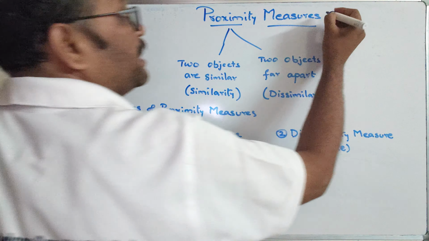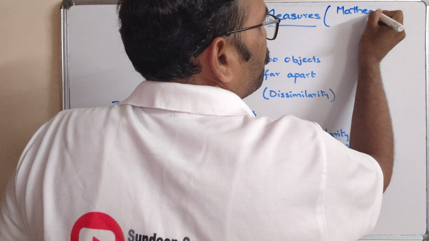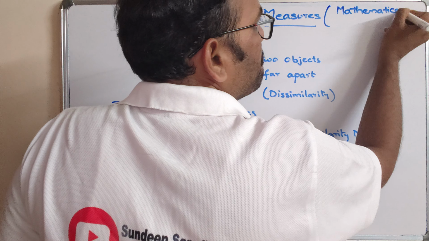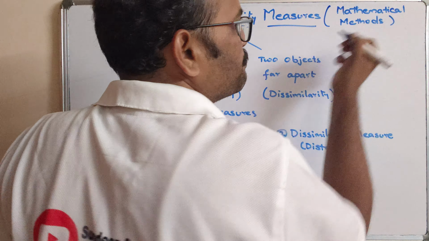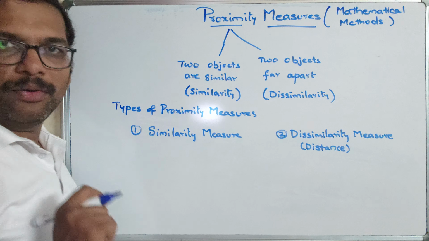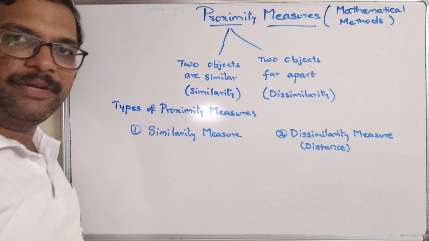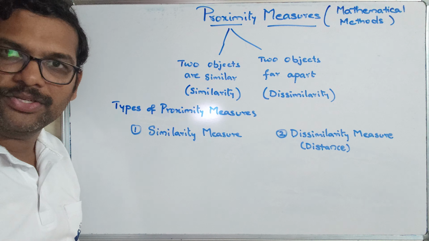So these proximity measures are mathematical methods. Why are we using these mathematical methods? In order to determine the similarity between the objects. So here, the similarity measure and the dissimilarity measure.